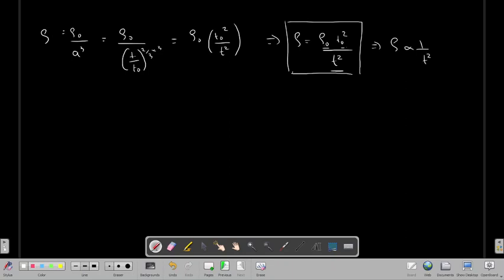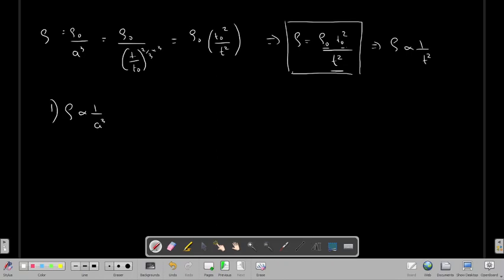So what are the three important results you have got? Let me write it this way. The first important result was the variation of density with respect to scale factor.